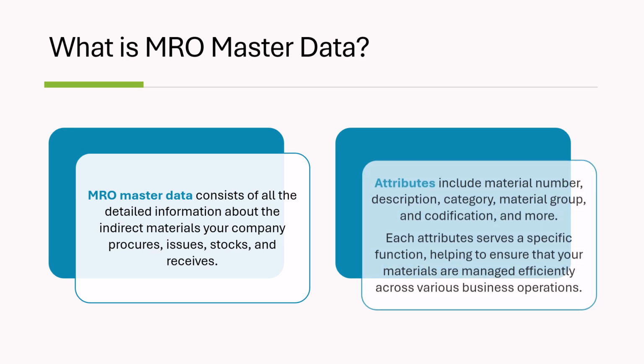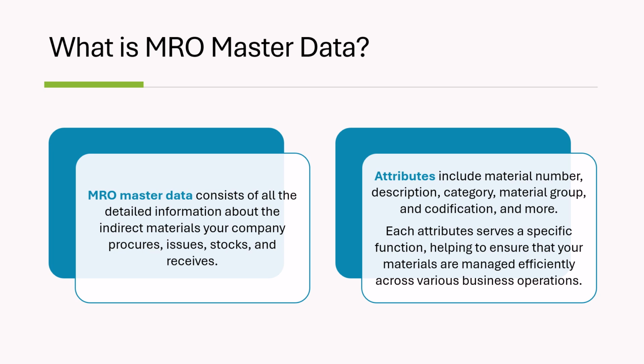This data includes attributes like material number, description, category, material group, and codification, among others. Each of these attributes serves a specific function, helping to ensure that your materials are managed efficiently across various business operations.